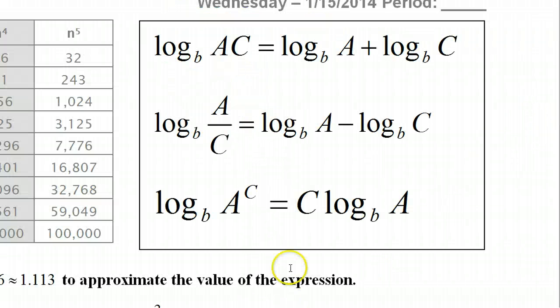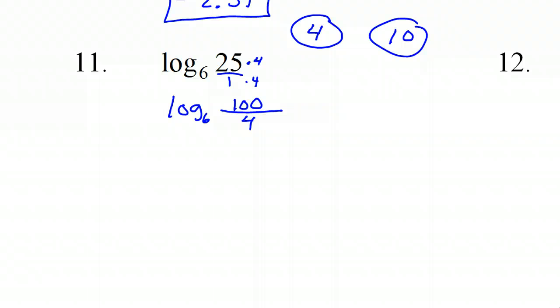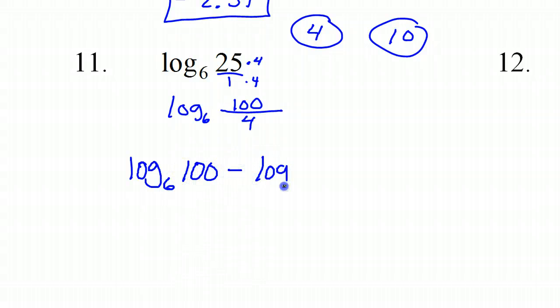I am going to go ahead and use the second rule right now, where division becomes subtraction once you split it apart. So this would be like log base 6 of 100 minus log base 6 of 4. Okay, so this part with the 4, that's ready to go. This, I will go ahead and rewrite as 10 squared.